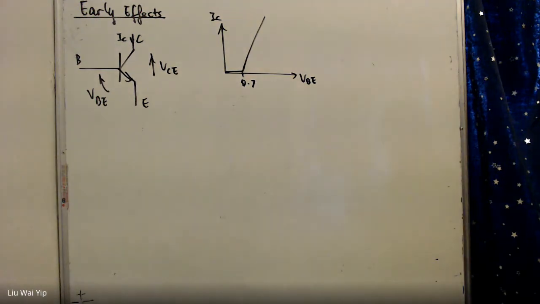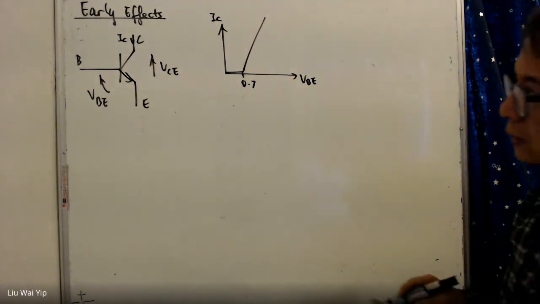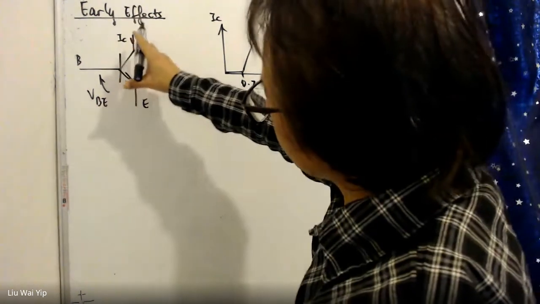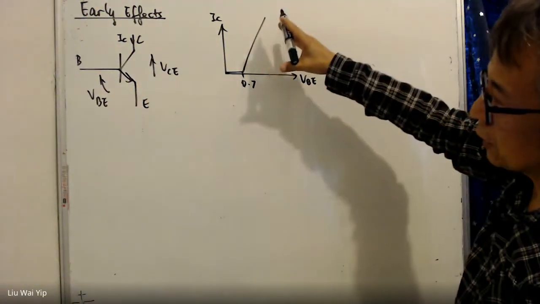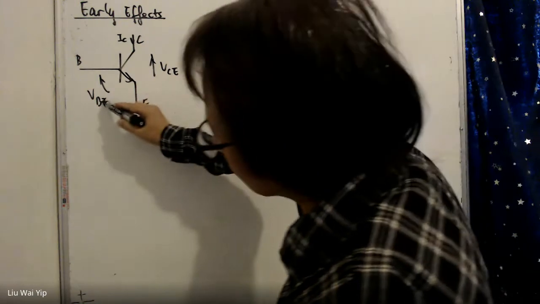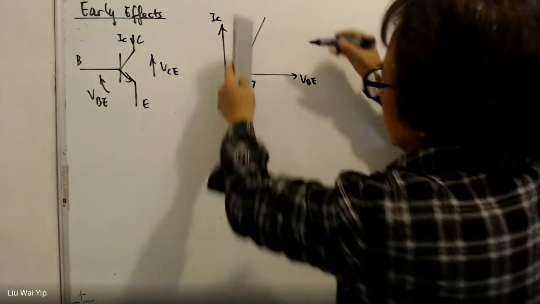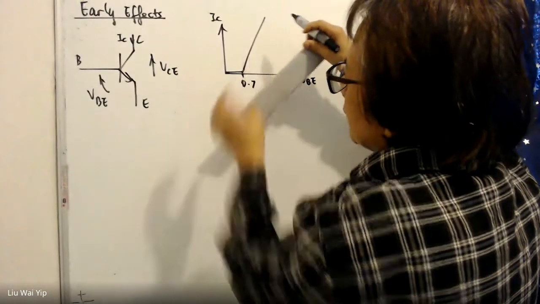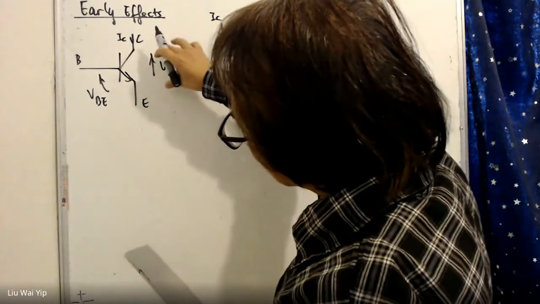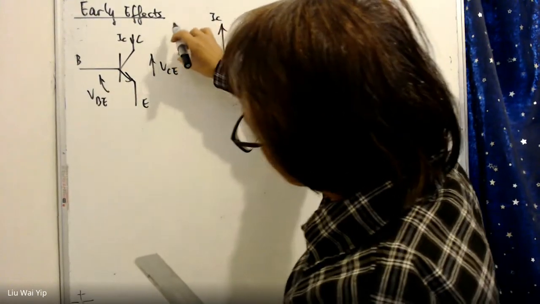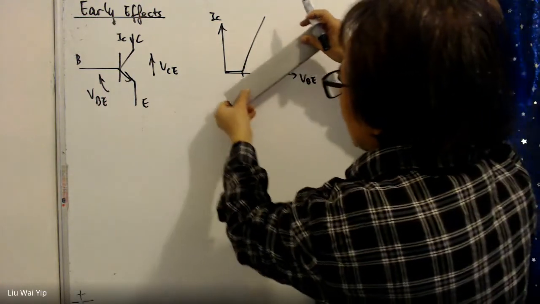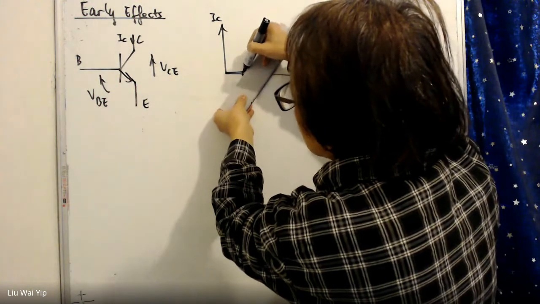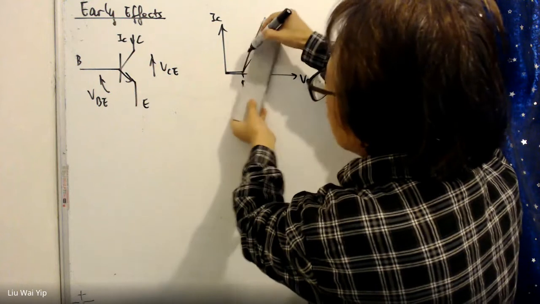And at the time when the Bell Lab scientists discovered this device, they found this curve and they tried to vary the voltage VCE, and they found the slope of the curve will be different.